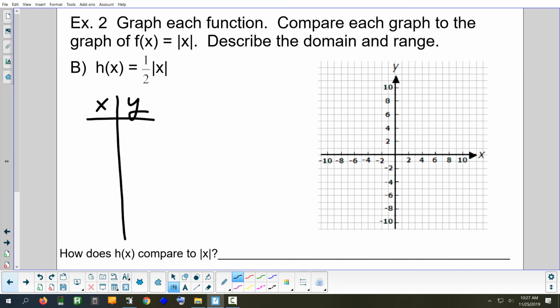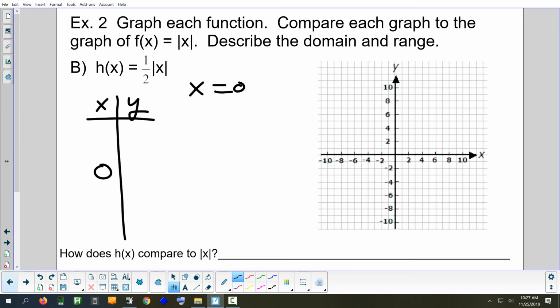You take what's inside the absolute value and set it equal to 0. Most problems I've given you, it's just an x in there. The first one wasn't, but this one is. That's your middle x.